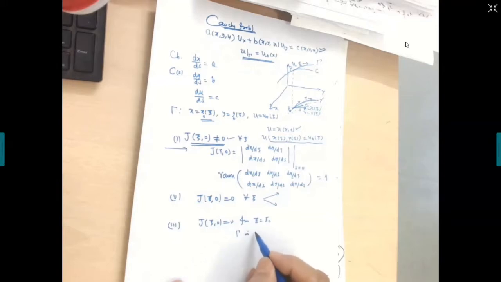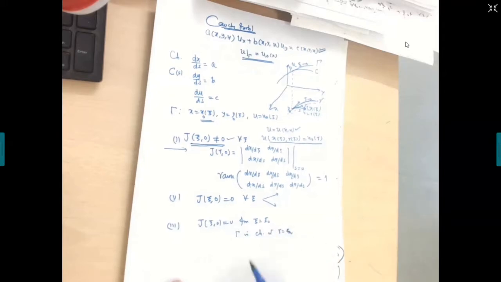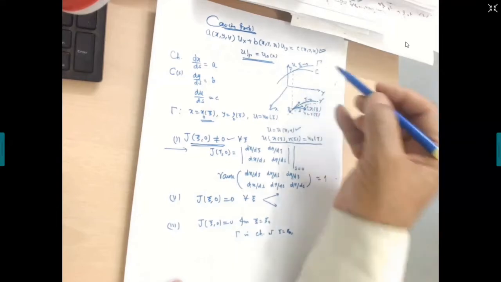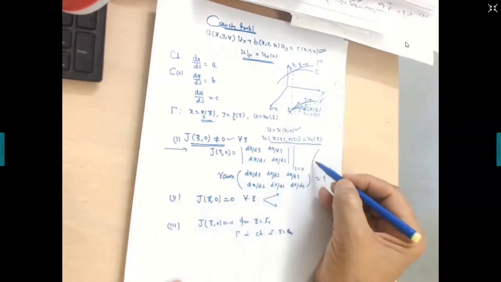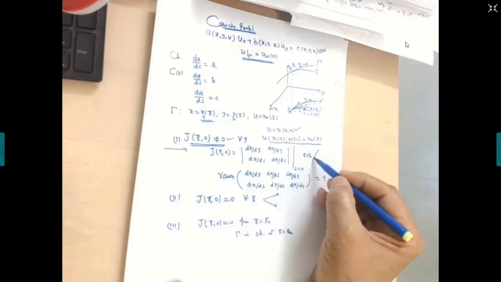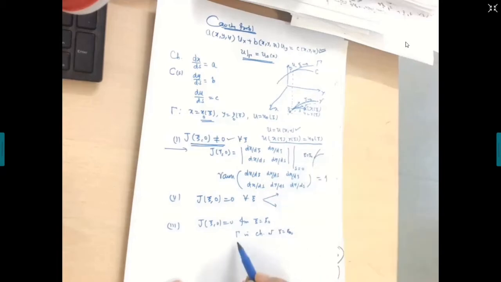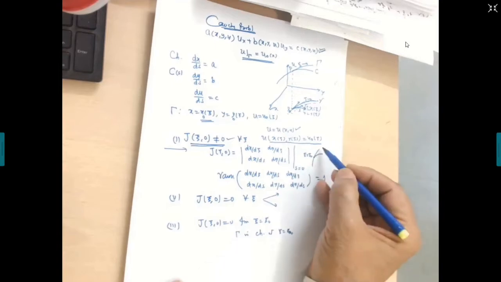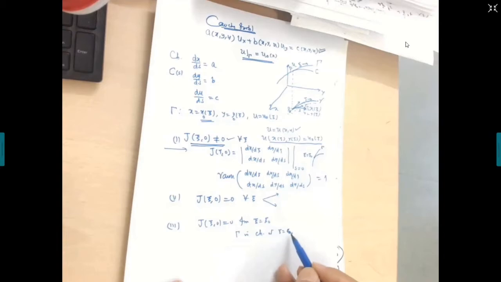If gamma is a characteristic at xi equal to xi naught, meaning a space curve at that point, we have to find out what happens to the tangent to this space curve gamma at this point xi equal to xi naught.